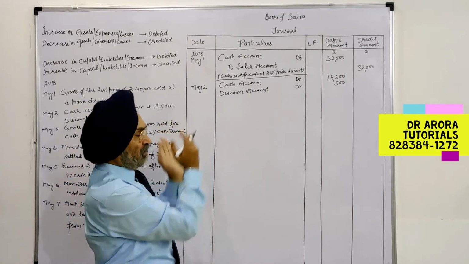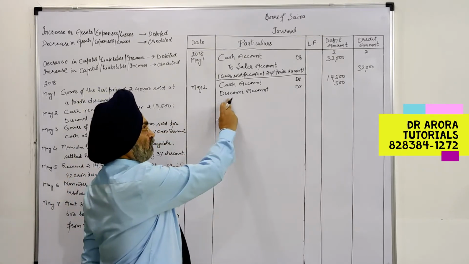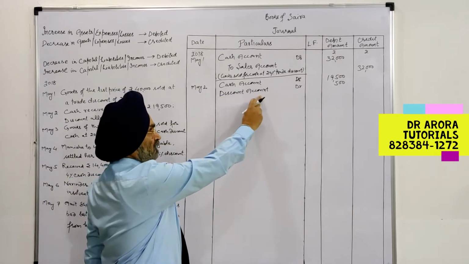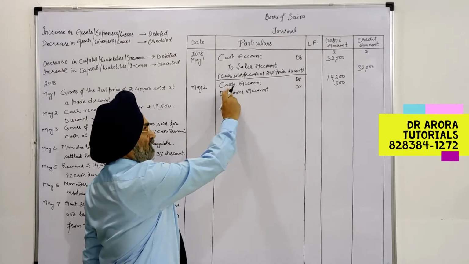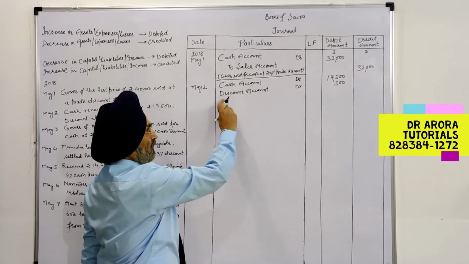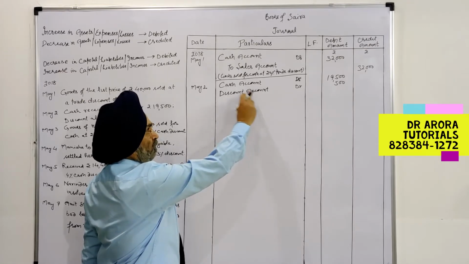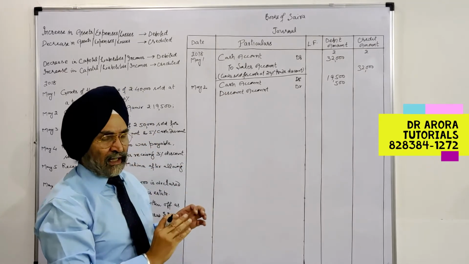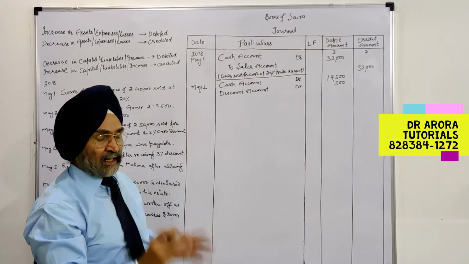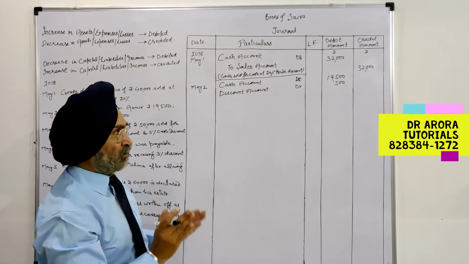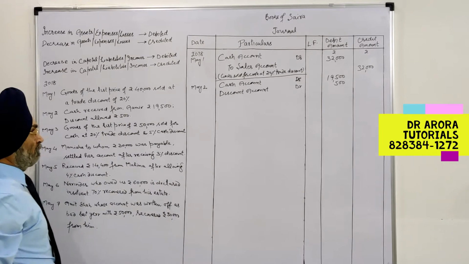When we receive cash, we allow the discount. Discount is our expense. So we receive cash, increase in asset, we allow the discount, increase in our expense. So both are debited. Either both are debited or both are credited. This thing you have to ensure, this thing you have to remember.